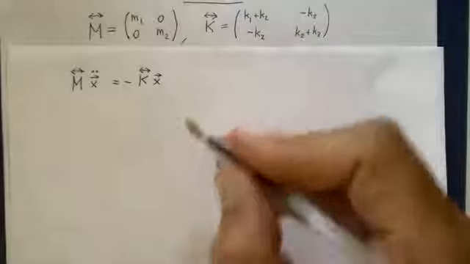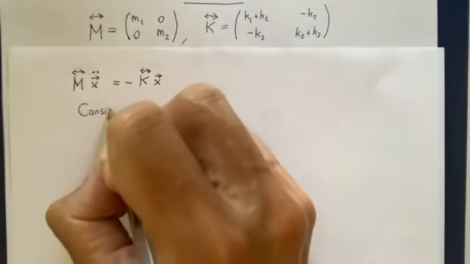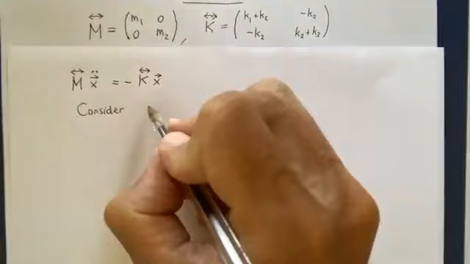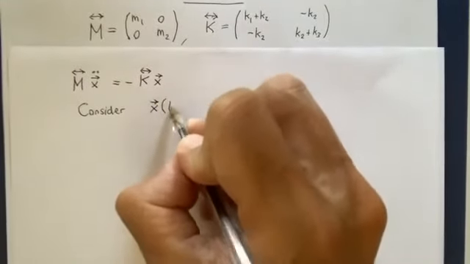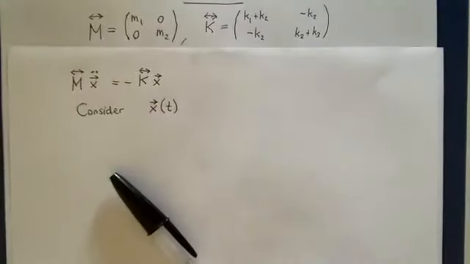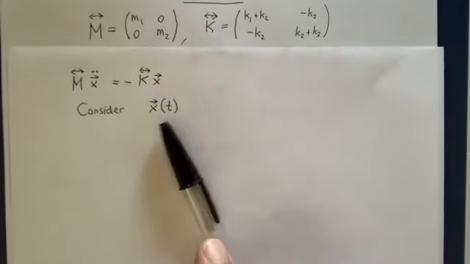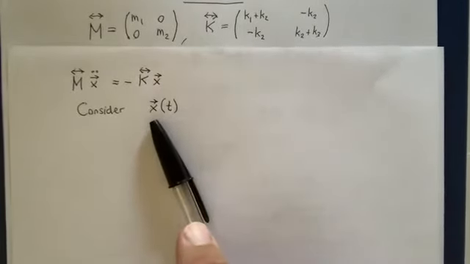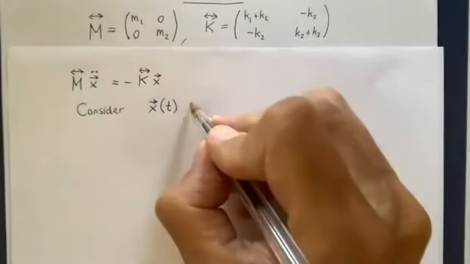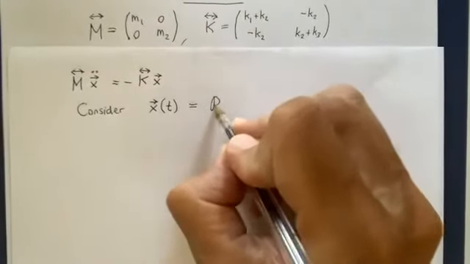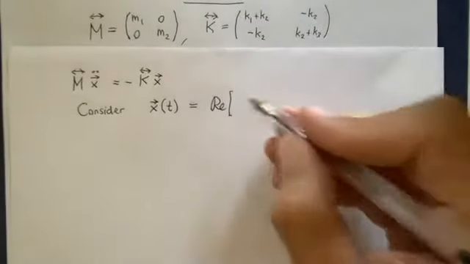So consider solutions of the following form. And here we're going to write out the arguments. The time dependence here, we've been explicit. This x vector is a function of the time t. All right. We'd like this to be the real part of some complex vector.